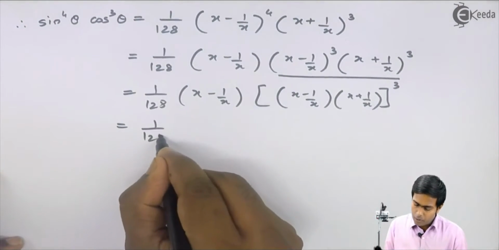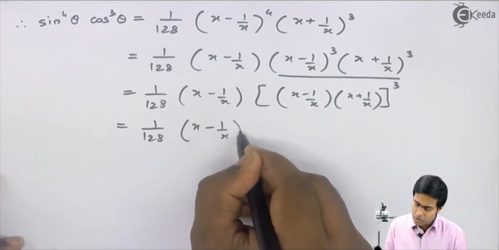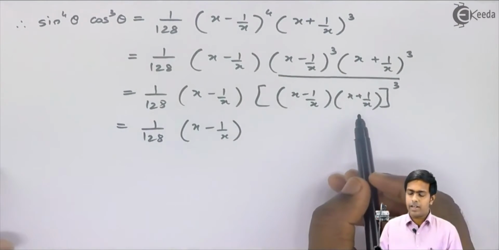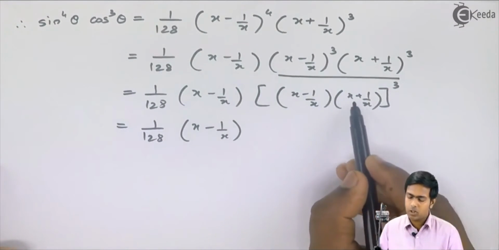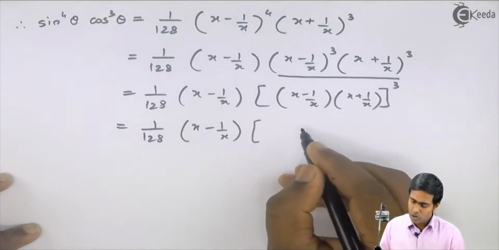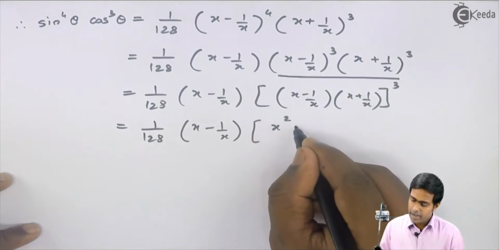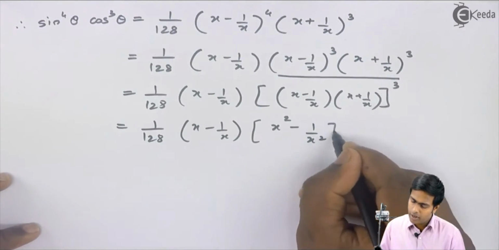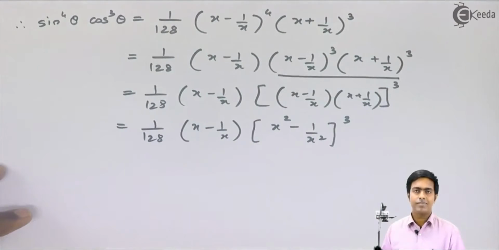Next, 1 upon 128 as it is, x minus 1 upon x as it is. Here we get the formula (a minus b)(a plus b) equal to a square minus b square. So using that formula we get (x square minus 1 upon x square) the whole cube.